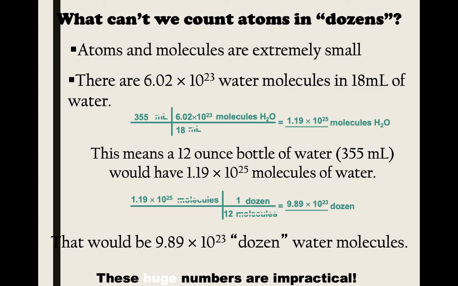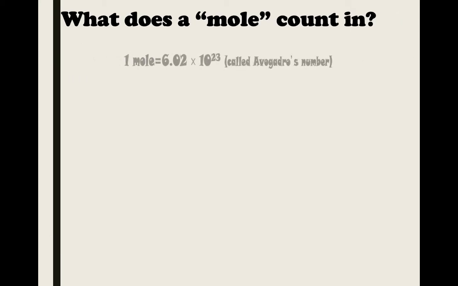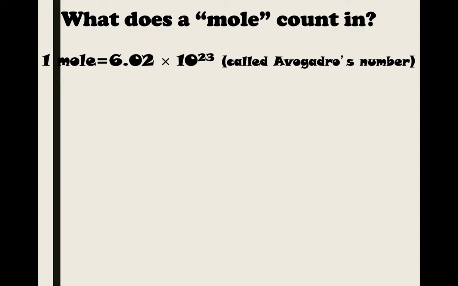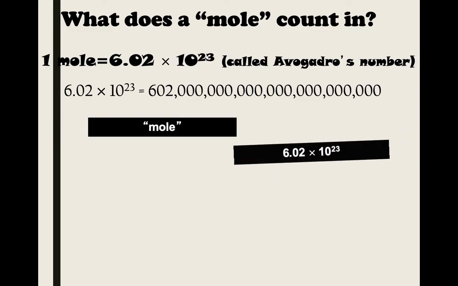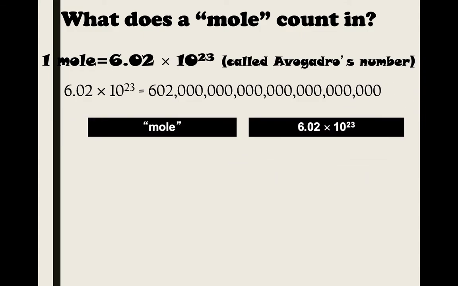And so this is what the mole is. It's basically the same thing as a dozen, but instead of it representing 12, it represents a gigantic number. We call this number Avogadro's number because he's the Italian scientist that discovered what it is.